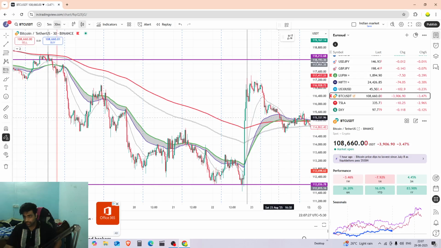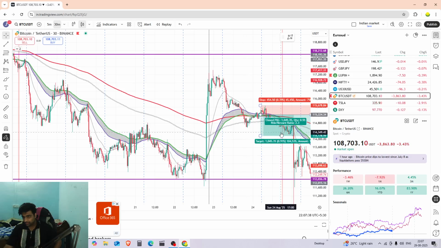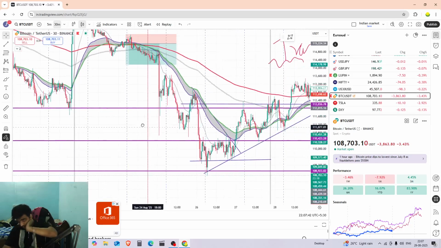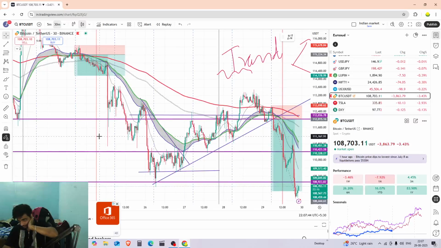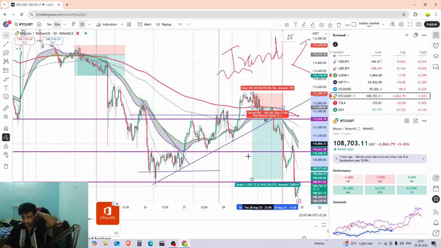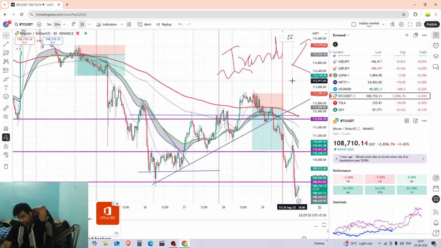Market came, made a double bottom, double top, and the trend is down. Boom. See, 1:2. Even here, see clearly, it's 1:2. That's nice.